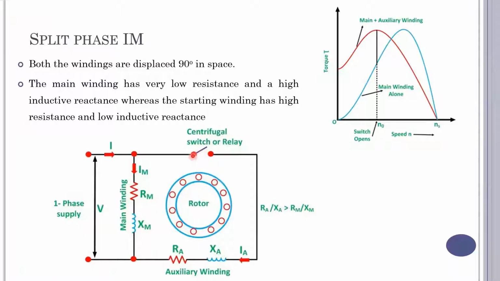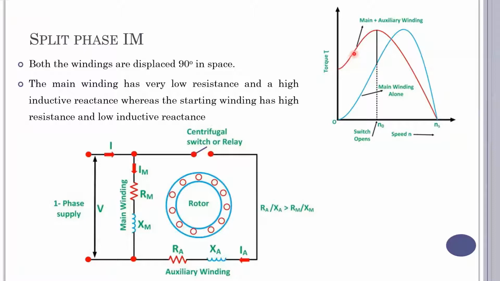At some point when the speed of the rotor is greater than a preset value, the centrifugal switch opens, and from that instant onwards, only the main winding is connected and the rotor continues to rotate. So these characteristics explain the operation of a split phase induction motor.